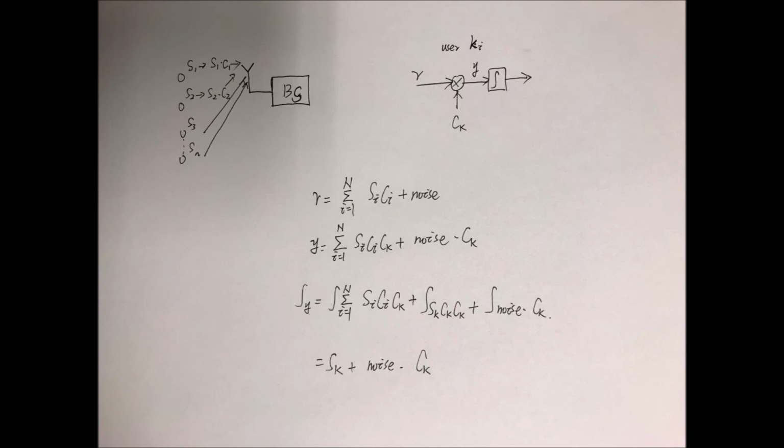Now I'm going to do the integration. The integration of Si Ci CK always gives me 0 because i does not equal K, because the codes are orthogonal. However, for CK times CK, I'm going to get a constant.